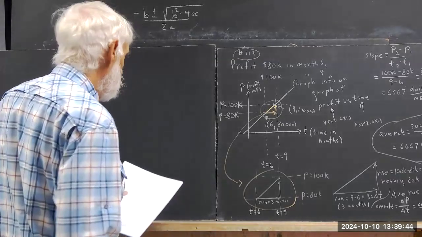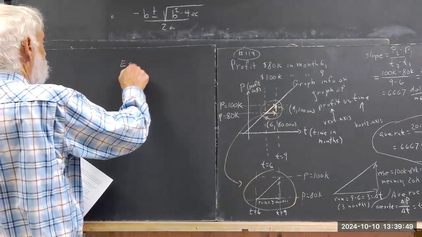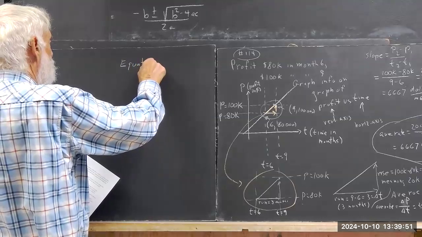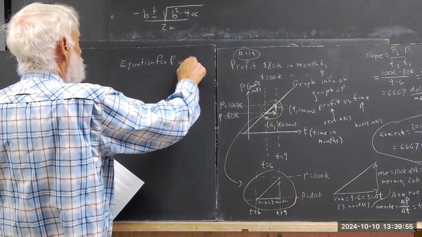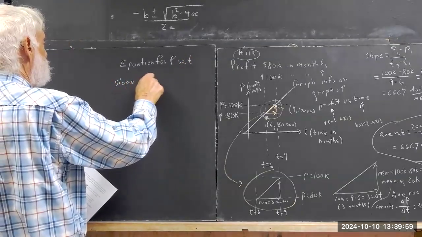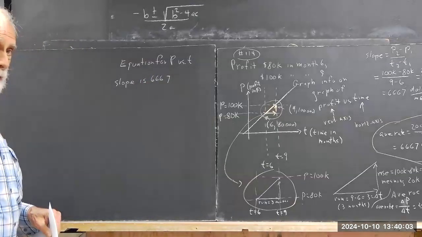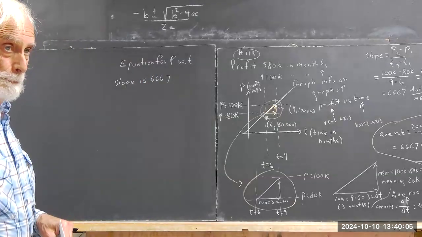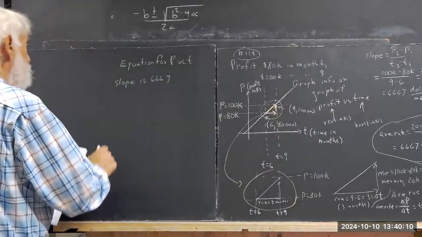Now find the equation. Slope is 6,667, meaning $6,667 per month.